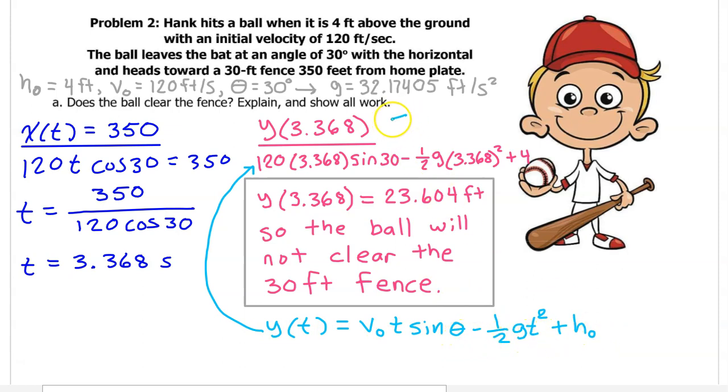And by writing y at 3.368 at the top like this, I've also defined t. So instead of writing all of this, I could have written this, which just saves me a few characters by not writing 3.368 twice. And that would have been just as good. Then I can just go straight to the answer.